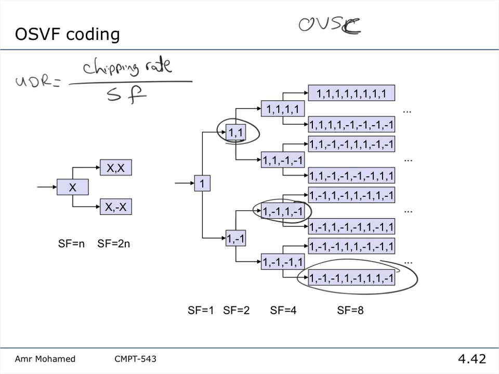So you can technically have that, but the rule is that one user cannot take this and another user take this one. No, you cannot do that, of course, because these are not orthogonal codes in that case. So once you take this, all the terminal nodes that belong to this cannot be used by other users.